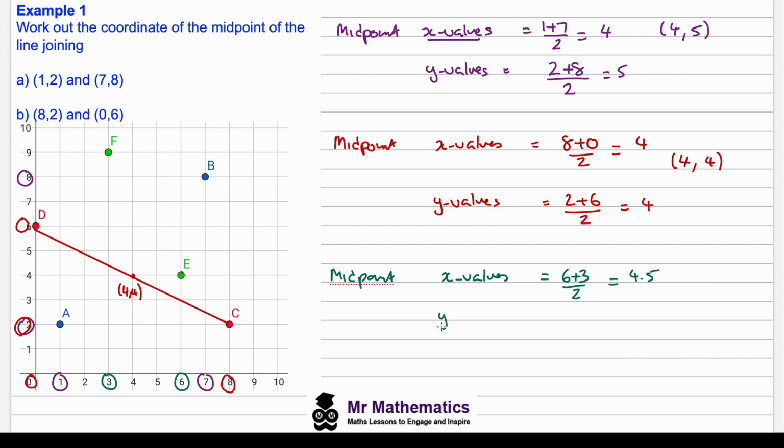We'll look at the y values, which are 9 and 4. So we'll take the average of these two. This will give us 13 divided by 2, 6.5. So the midpoint will be 4.5 for the x and 6.5 for the y.